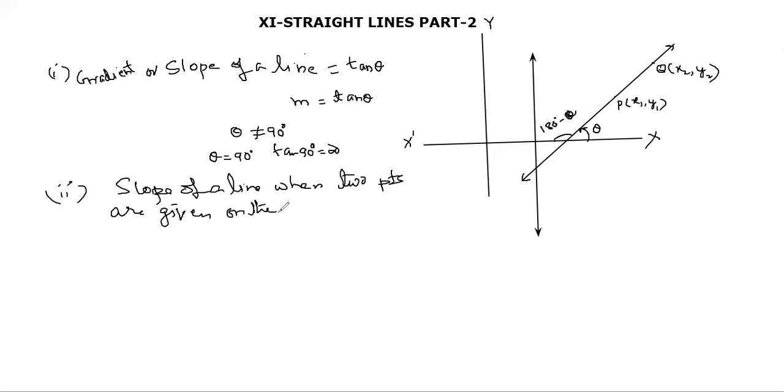In this case, the slope m, or tan theta, will be equal to y2 minus y1 divided by x2 minus x1. So when two coordinates are given, we can find the slope by using this formula.